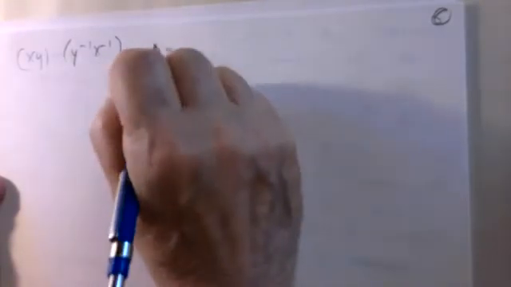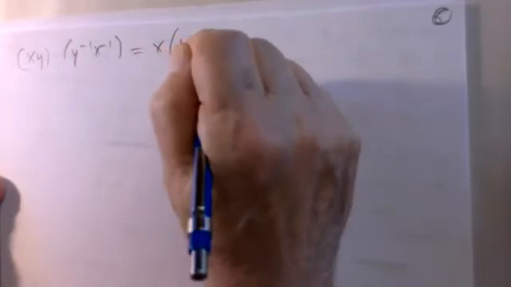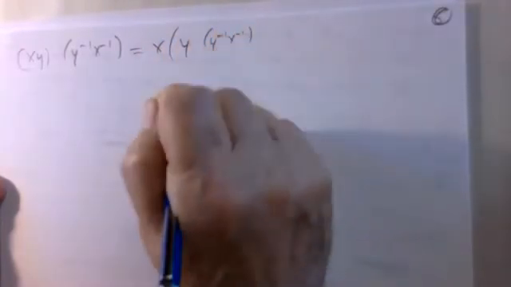And the last part of the theorem to prove is the following. Suppose I take the element xy times y inverse x inverse. I claim this is the inverse of xy, so this product has to be the identity. So by associativity, xy times this element is the same as x times y y inverse x inverse.